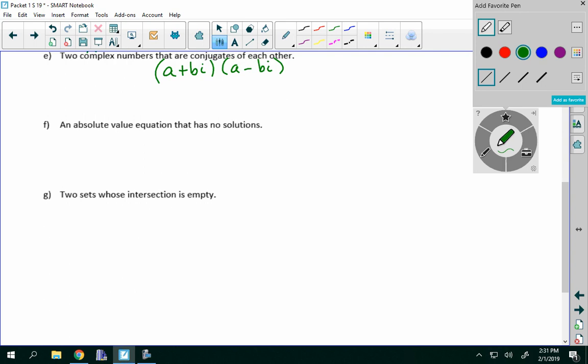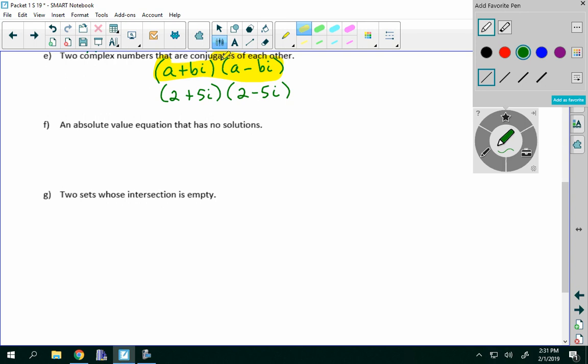You could say something like this: 2 plus 5i times 2 minus 5i. Anything that has the form of a plus bi and a minus bi would be an example of this problem. All right, an absolute value equation that has no solutions.